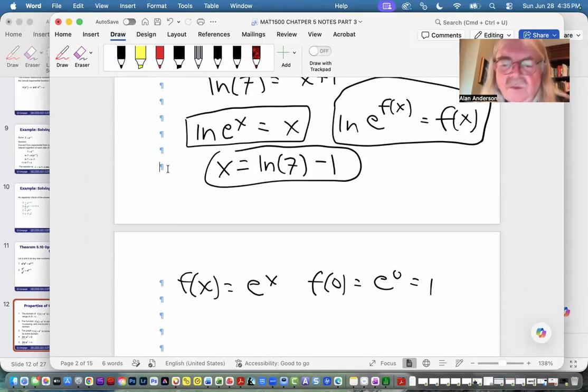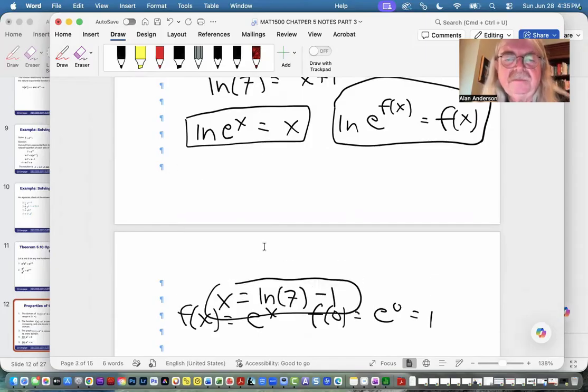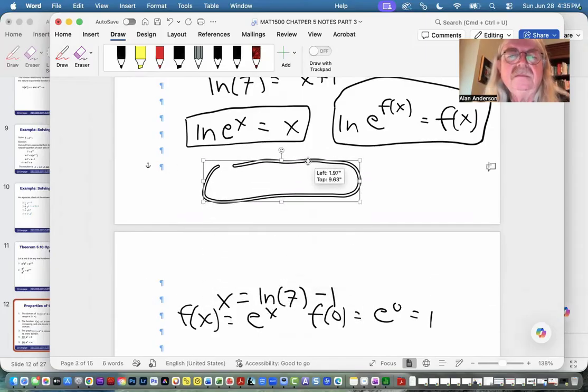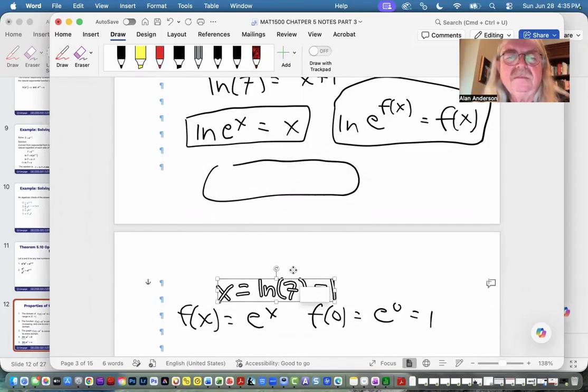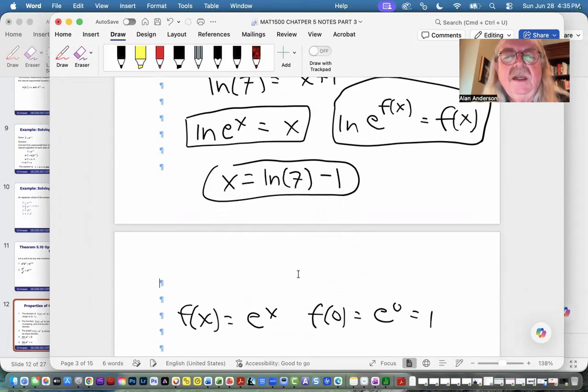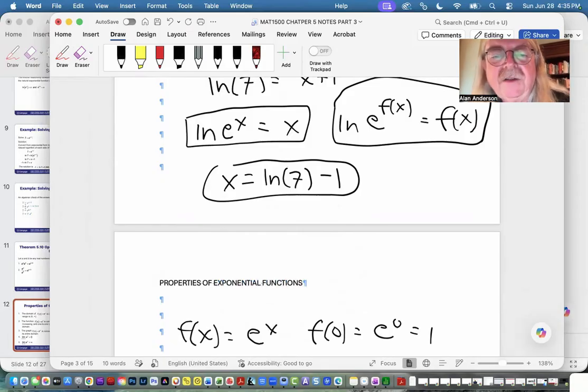Let me just put a label here. All right, so that's the first one.